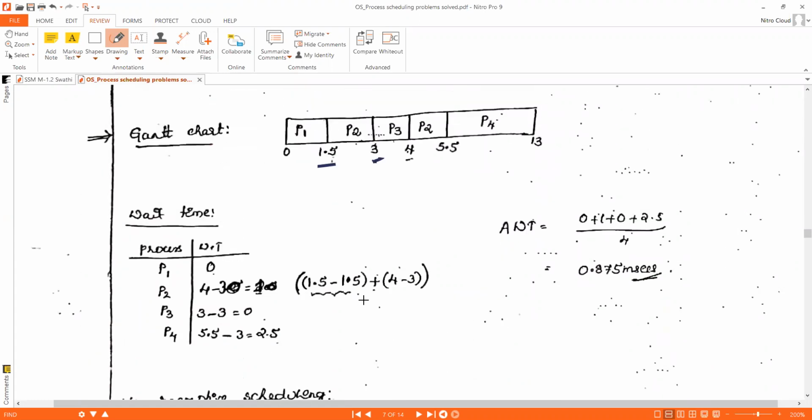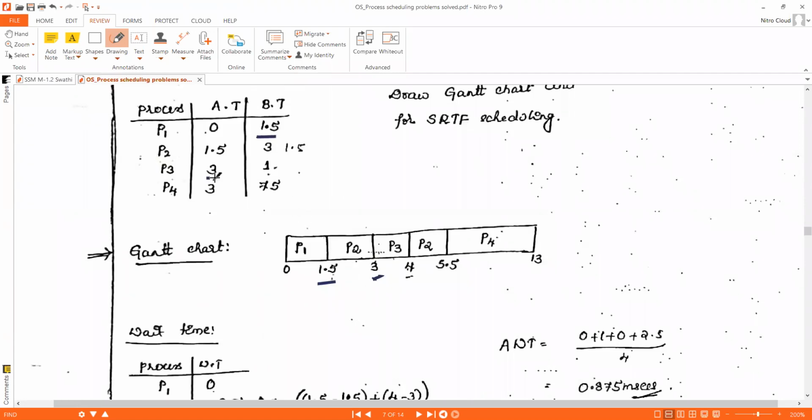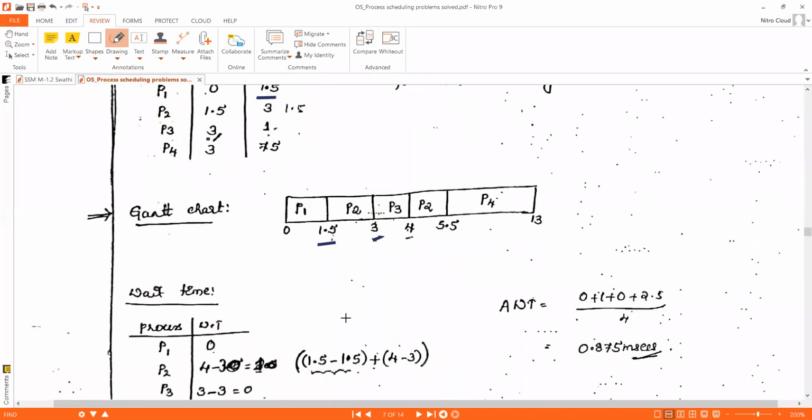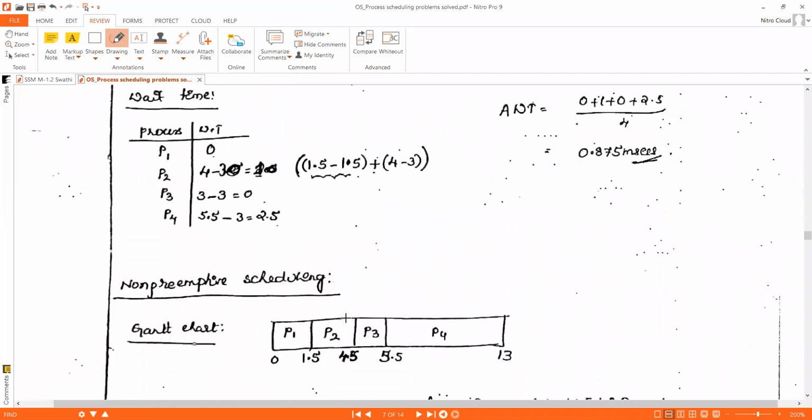By that time, in the ready queue we have process 3 and process 4. Among these two, which has the shortest burst time? Process 3. So the CPU will be allocated to process 3, and it will execute for 1 millisecond, from 4.5 milliseconds to 5.5 milliseconds.